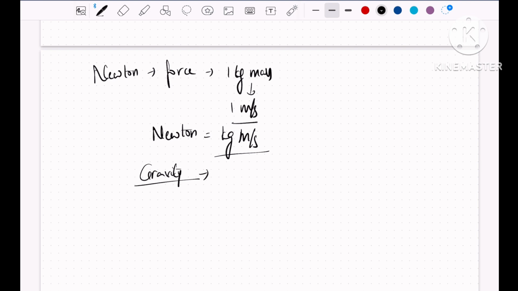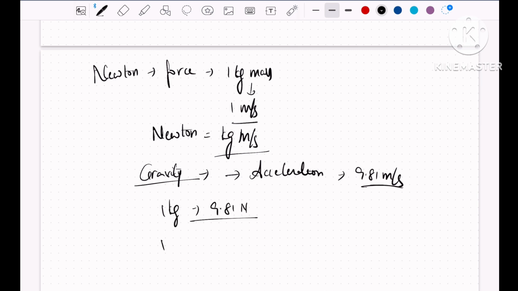So gravity acting on an object will give the object an acceleration of 9.81 meter per second squared. So for 1 kg, it is 9.81 Newton, and 1 Newton is equal to 1 by 9.81 kg, that is equal to 102 grams of weight.